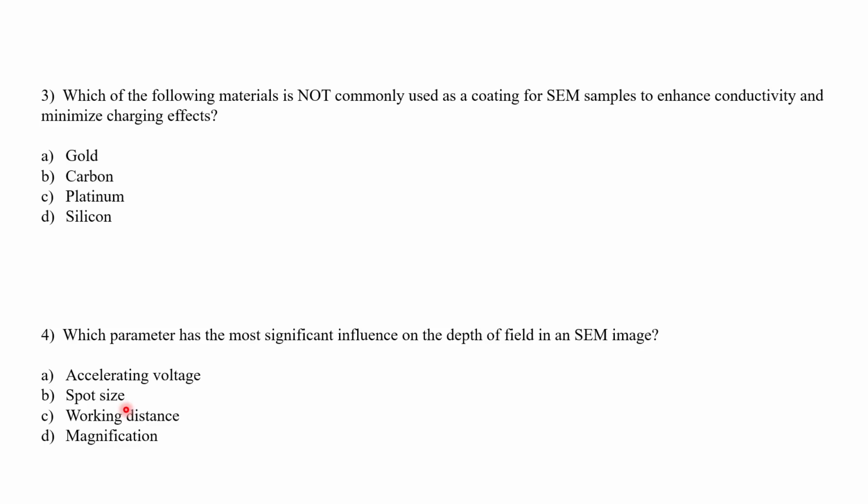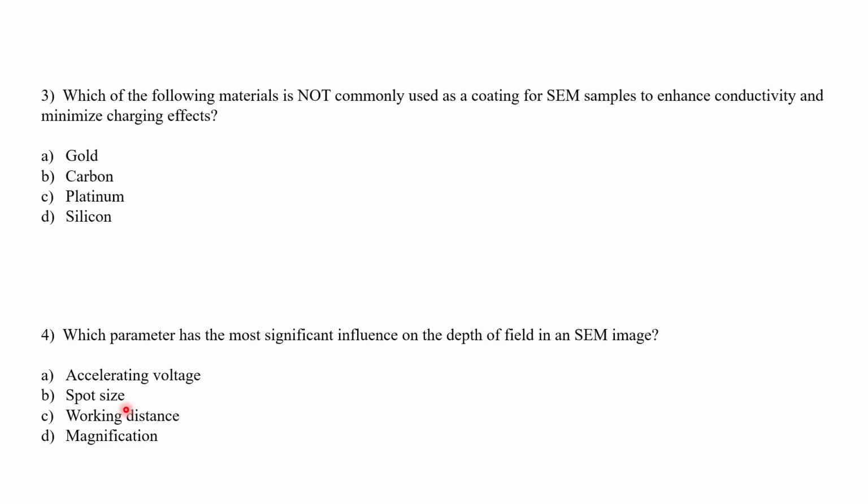As a result, in the image you will see the white things. So the white things is basically the higher contrast, where more electrons are accumulated on the surface, and you will see the whitish thing in your image.